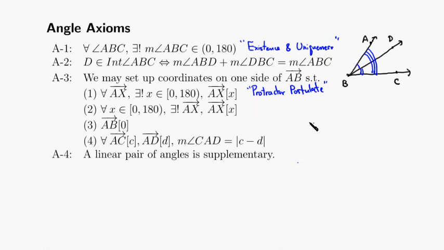It says that we can set up coordinates on one side of AB. So let's say A is here, and B is here. Then we're going to be able to put a protractor, kind of going like this, then put a bunch of coordinates on it, and the coordinates are between 0 and 180.